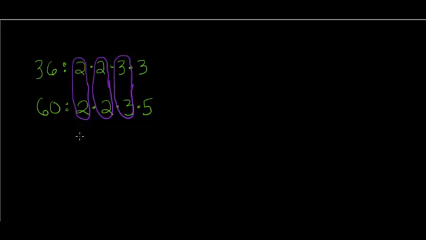So if I write down these pairs, I got a pair of 2's, another pair of 2's, and a pair of 3's, and I multiply those. I take 2 times 2, that's 4, times 3 is 12. 12 is the greatest common factor of 36 and 60.